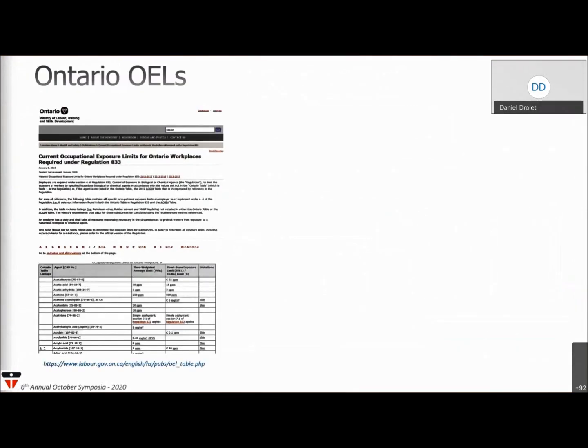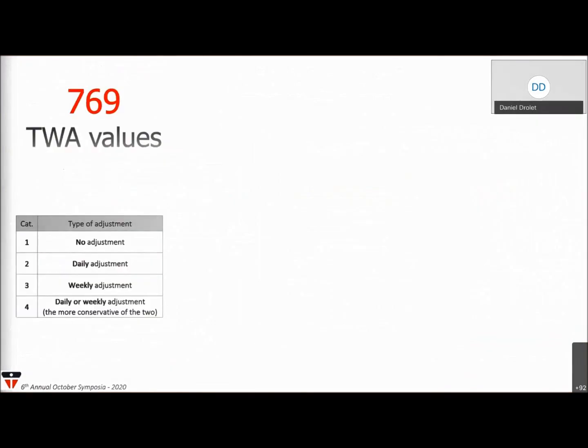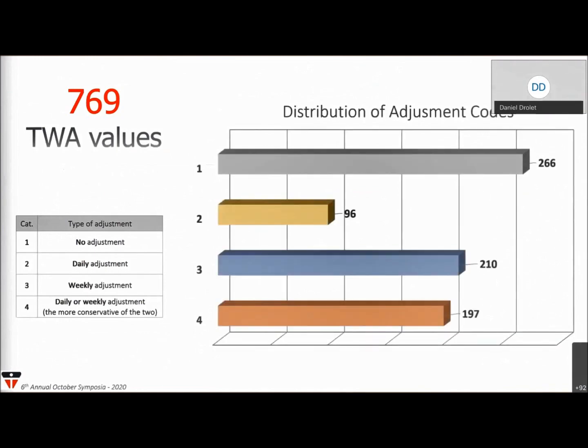Obviously, in the tool itself, we have in table form a copy of the OELs coming from the Ontario regulation. So in this table, we have 769 TWA values, and we have a distribution of the adjustment codes as follows.